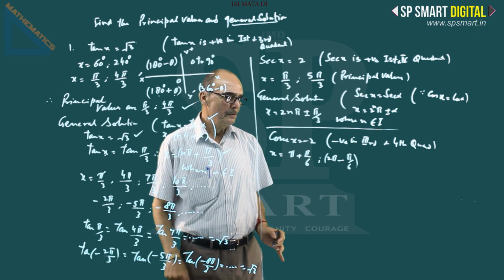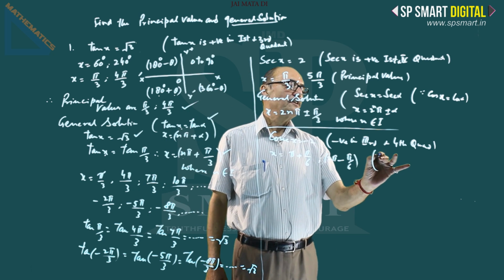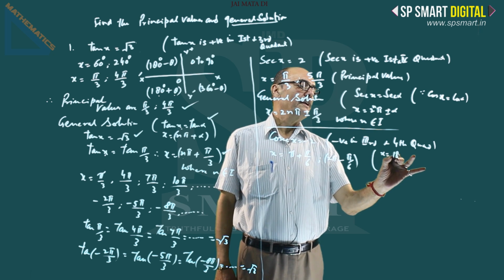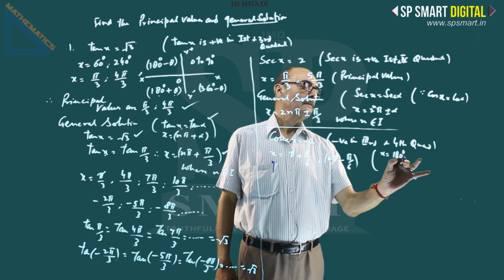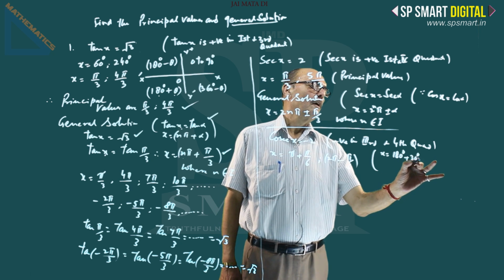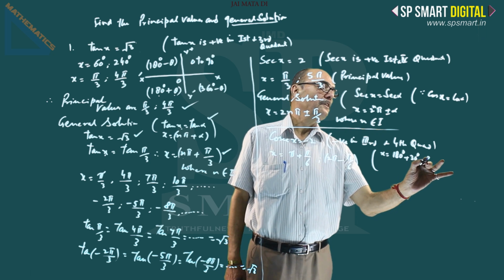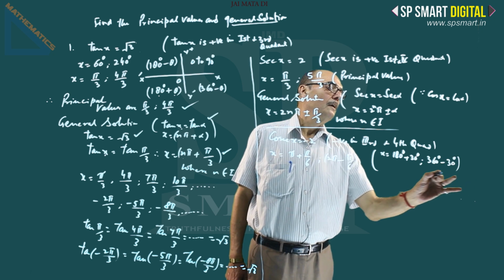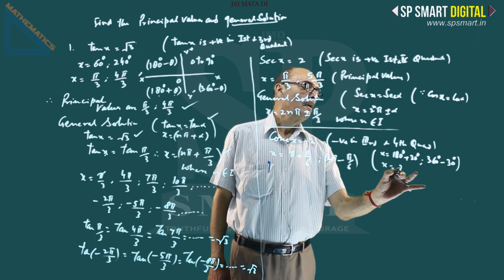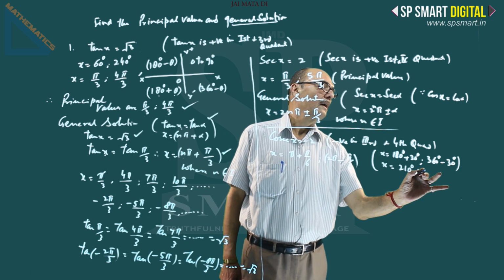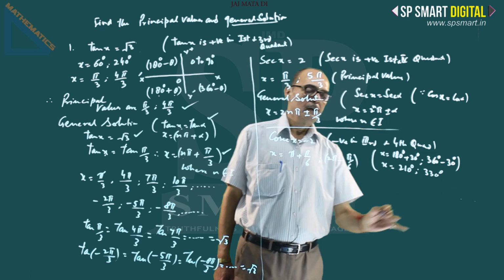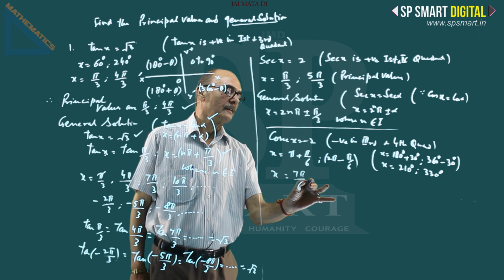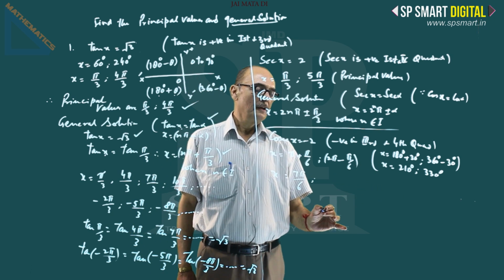Otherwise, in degrees you can write down like this, x equal to 180 degree plus 30 degree and 360 minus 30 degree, or x equal to 210 degrees and 330 degrees, or we can write x equal to 7 pi by 6, that is 210 degrees.